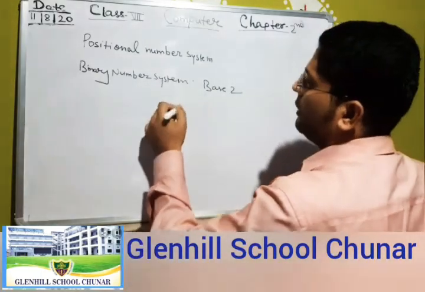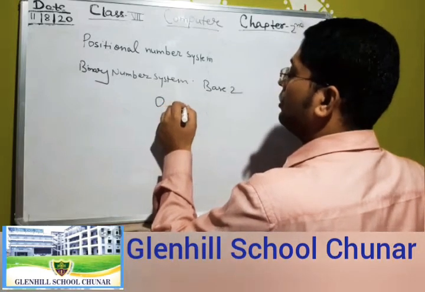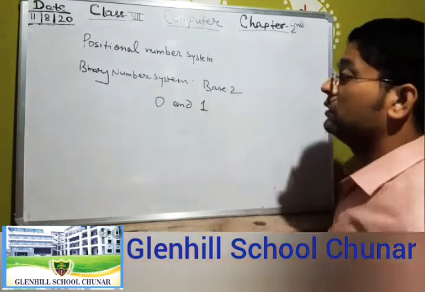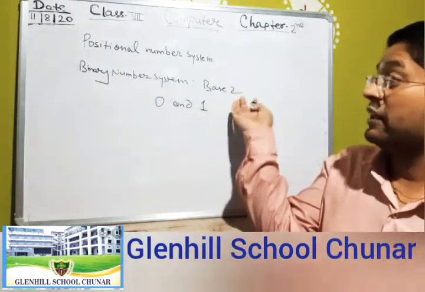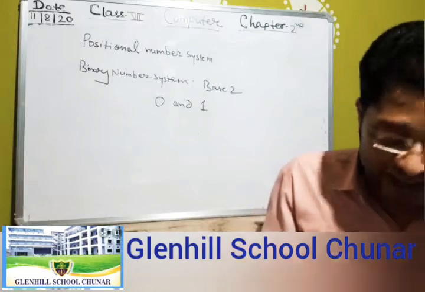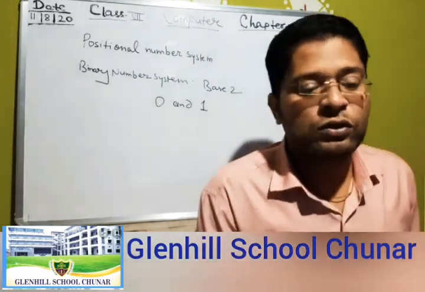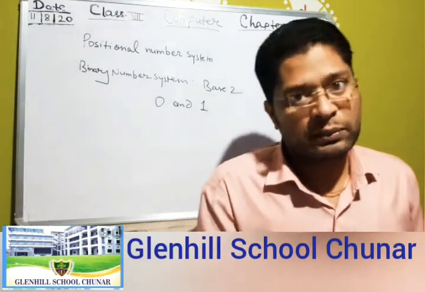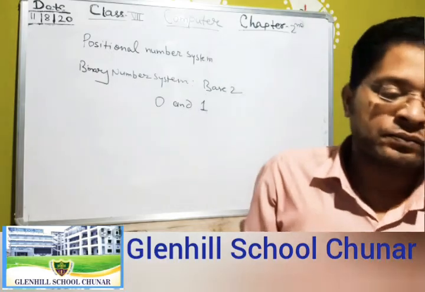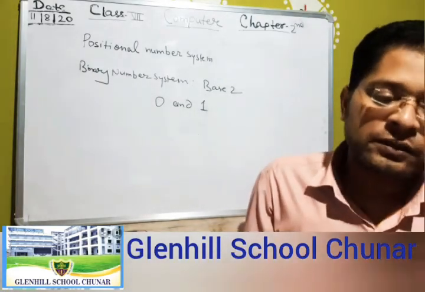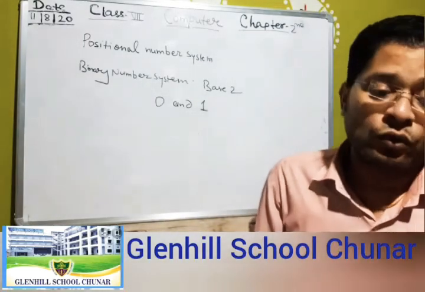So here, 0 and 1. So this is base 2. The binary number system represents numeric values using two symbols, 0 and 1. So in other words, binary is a positional number system with a power of 2.